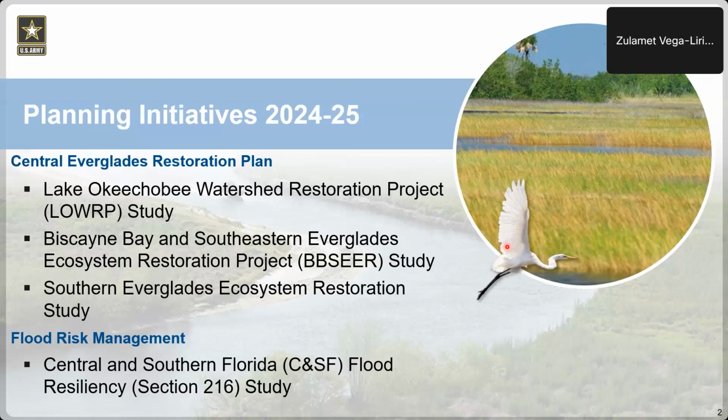We currently have 2 active aquatic ecosystem restoration planning studies and 1 forthcoming. And we also have an active flood risk management planning study in our portfolio. Our 2 active restoration studies are the Lake Okeechobee Watershed Restoration Project, or LOWP, and Biscayne Bay and Southeastern Everglades Ecosystem Restoration Project, or BBCR.